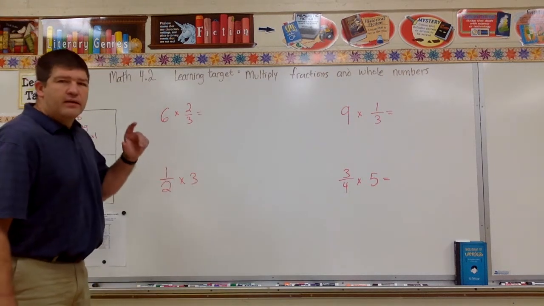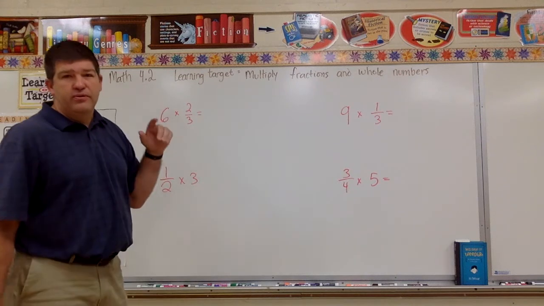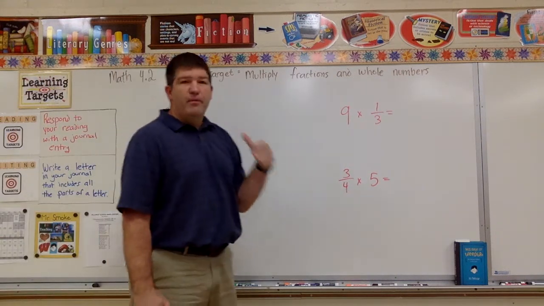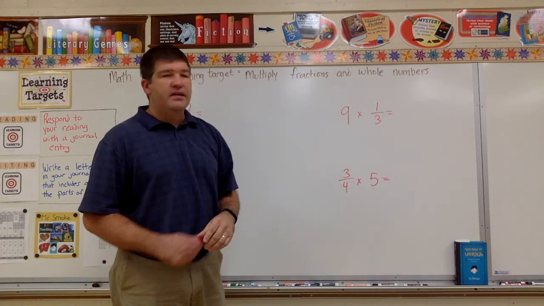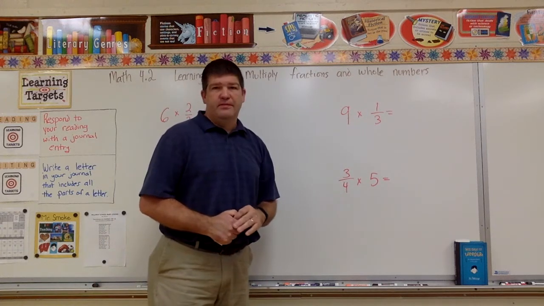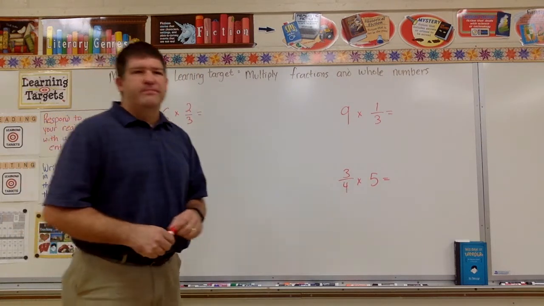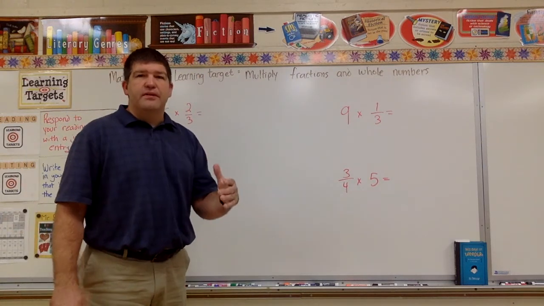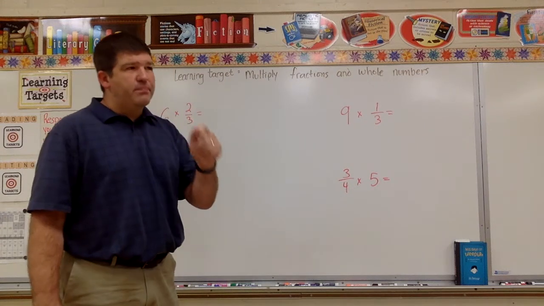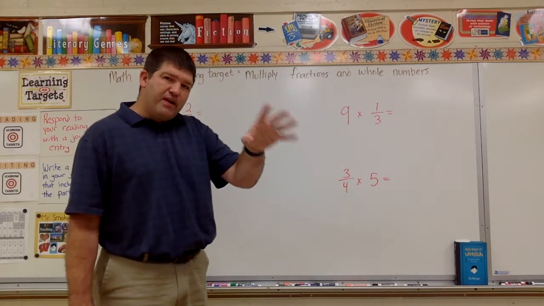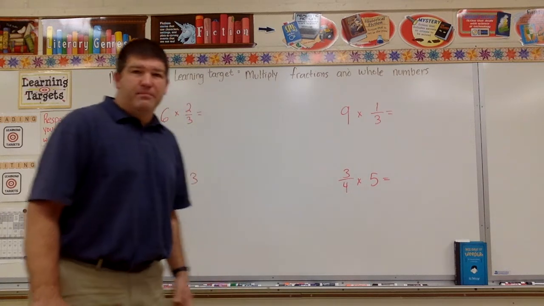Welcome to Math 4.2, Chapter 4, Lesson 2. Learning Target: Multiply Fractions and Whole Numbers. Love it. If you know the system, you can do this. The tricky part is going to be simplifying it or taking it from an improper fraction to a mixed number.